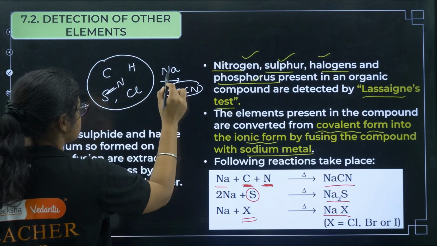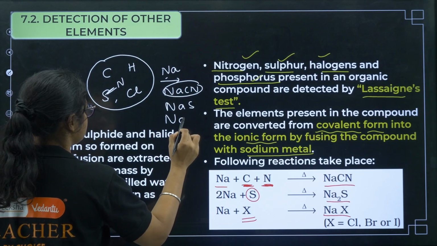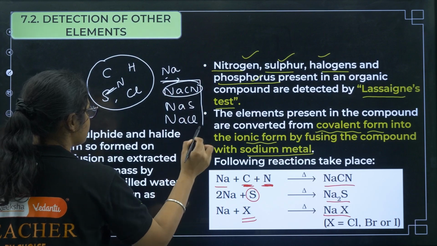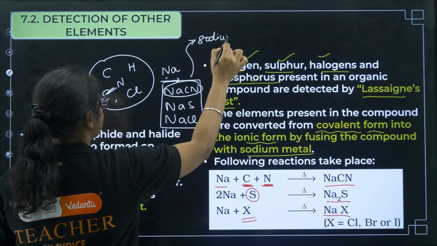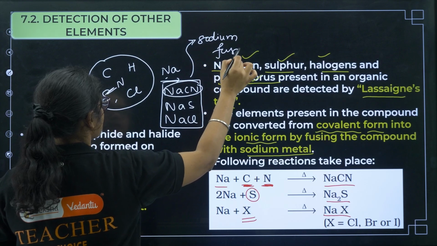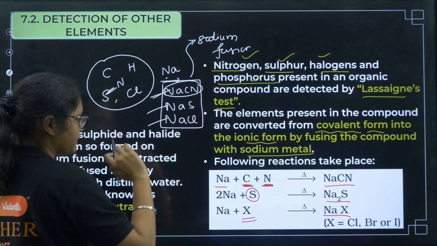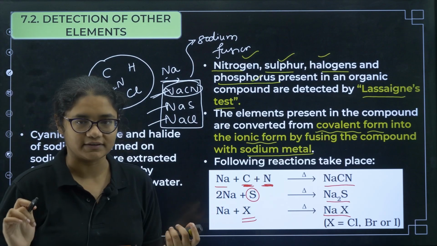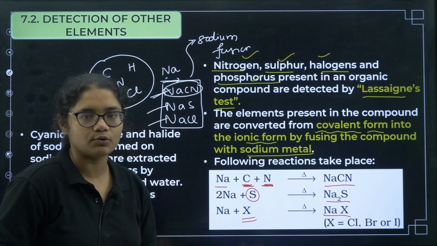Then you can get sodium with sulfur, NaS, sodium with chlorine, NaCl. Now these all things are present in the mixture, and this mixture is called sodium fusion extract. So from this we need to take NaCN separately, NaS separately, NaCl separately and do the testings. So first we will obtain the ionic form of the covalent form.